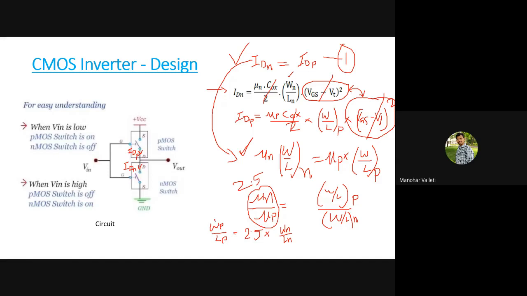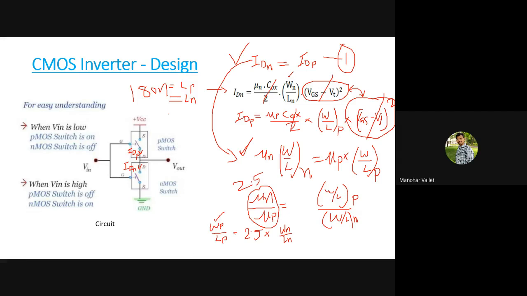In the same way, Wp is the channel width and Lp is the channel length of the PMOS transistor. As you are working on 180 nanometer technology, this Lp and Ln we cannot change. We need to always fix this as 180 nanometer because you are working in 180 nanometer technology.